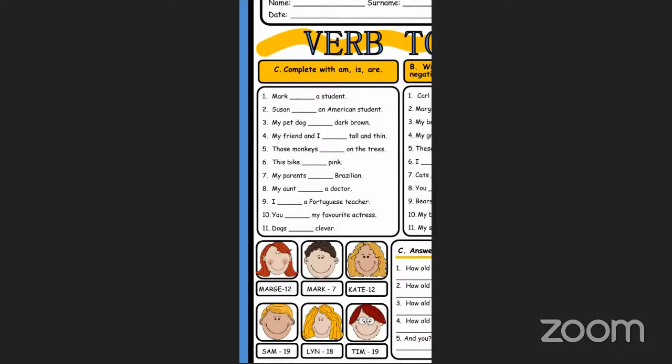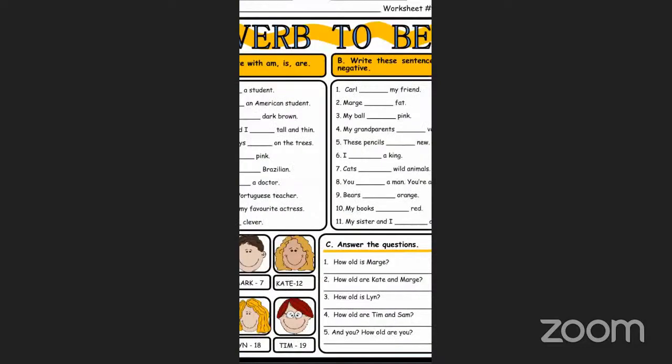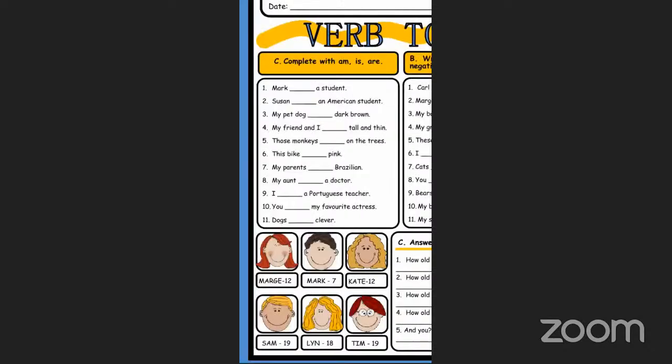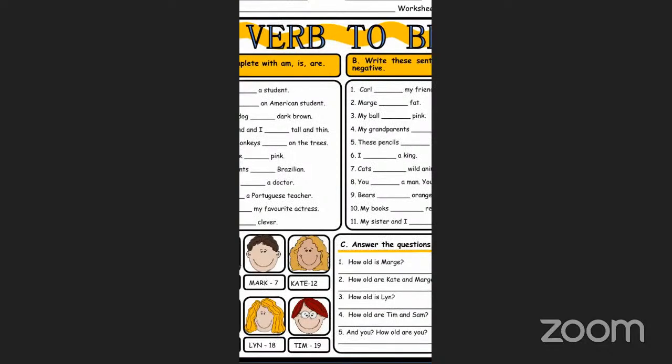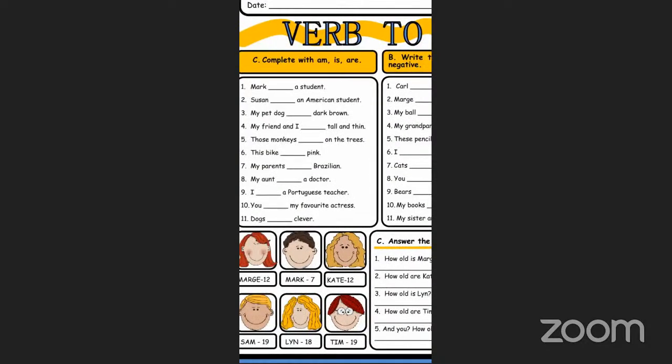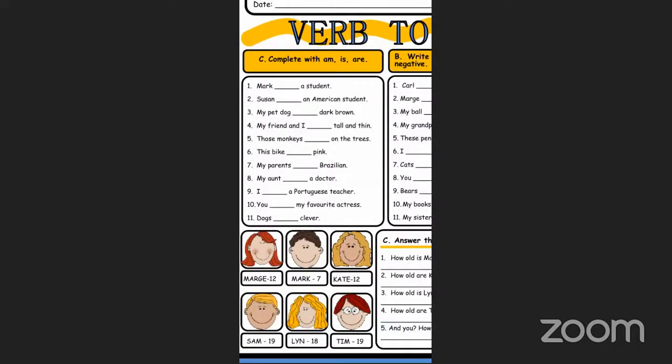Now you have some questions. The first question. How old is Margie? How old is Margie? How do you give the answer? Yes. She is 12. Right.